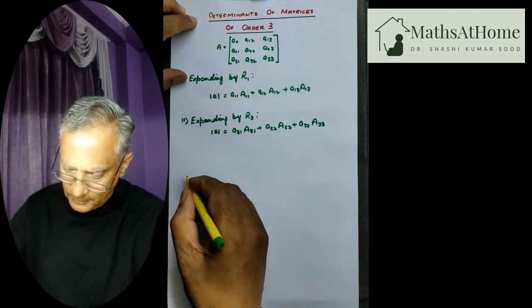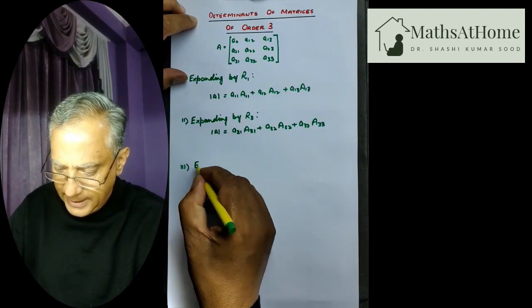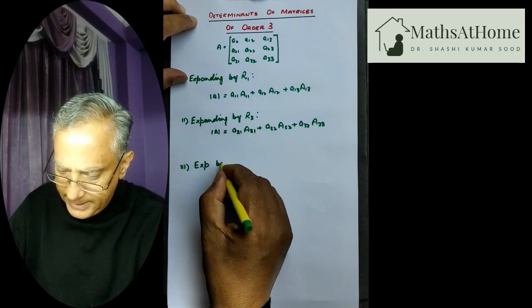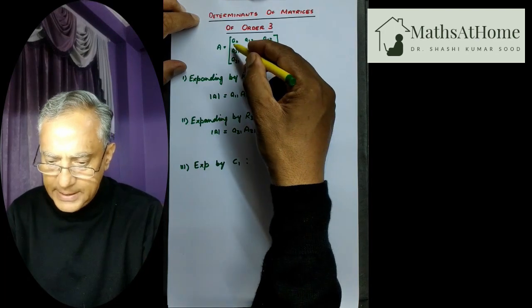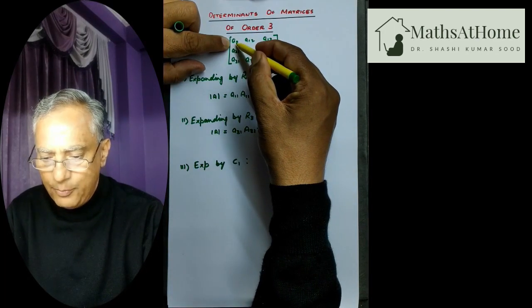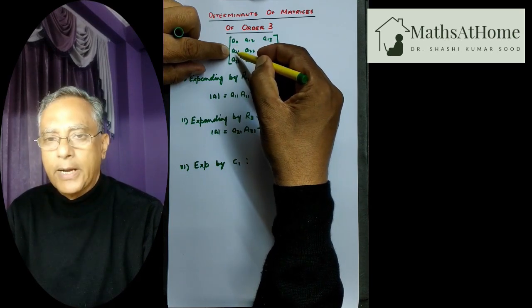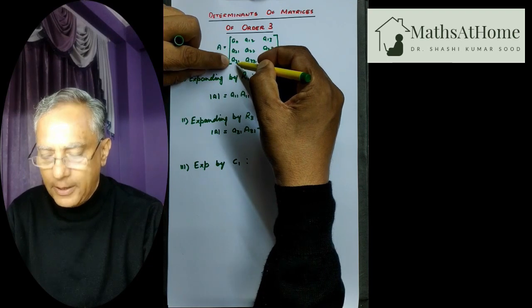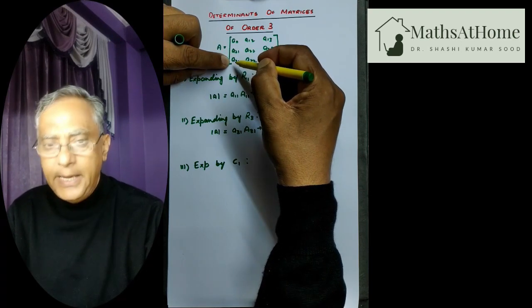And similarly, we can expand this by C1. Now this is C1. So we multiply a11 with its cofactor capital A11, a21 with its cofactor capital A21, a31 with its cofactor A31 and add the result.